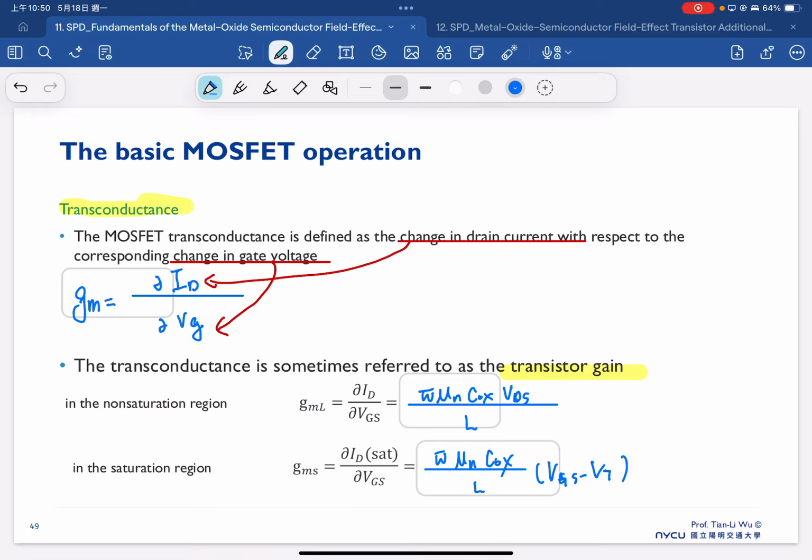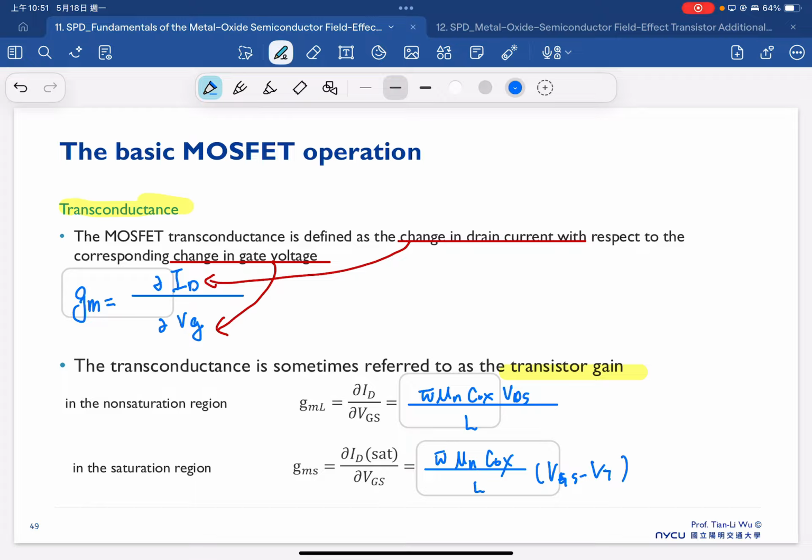But the most important learning here is not related to this equation, because this equation is just a simple derivative. More important is to understand the physical meaning of this transconductance.